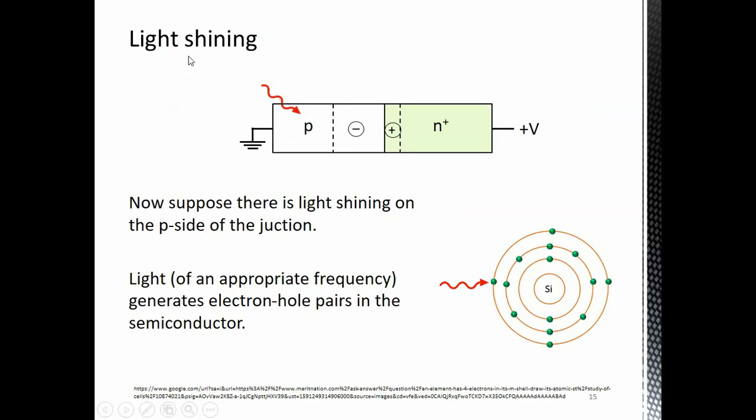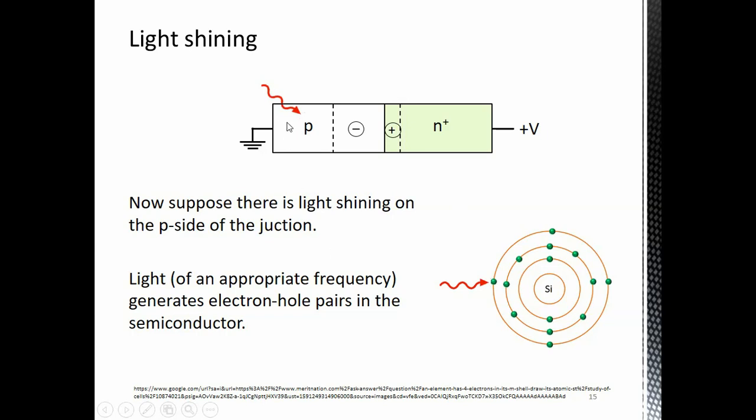Now let us say that we shine light on the P side of the PN junction, of an appropriate frequency. Now what does light do to a semiconductor? If the frequency is appropriate or high enough, then let's say there is a silicon atom, the photon will hit an electron bound to the silicon atom, and provide it enough energy so that it becomes free to move about, and it will leave behind a hole where this electron was sitting on this atom.